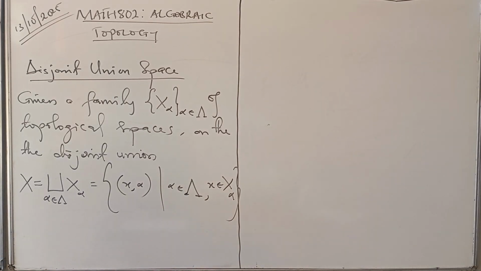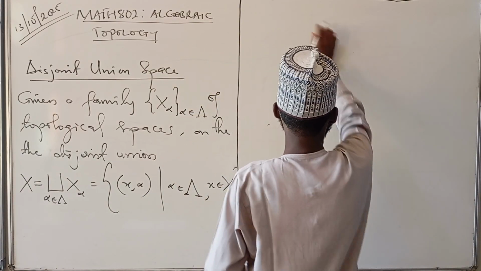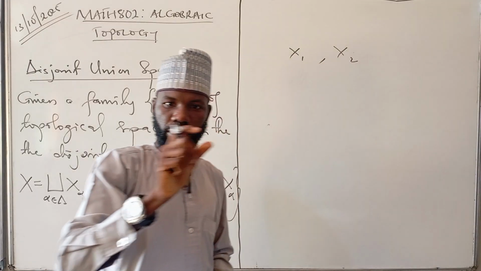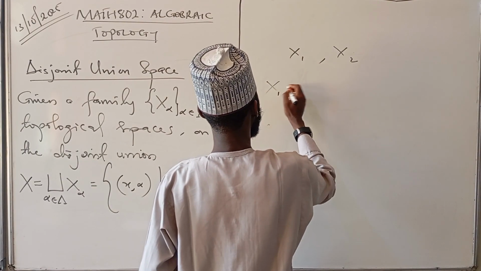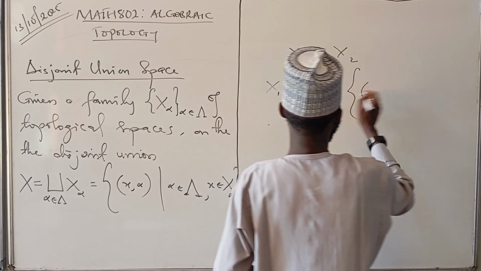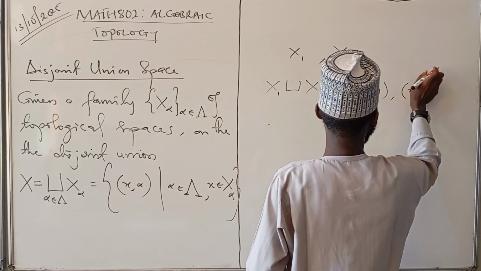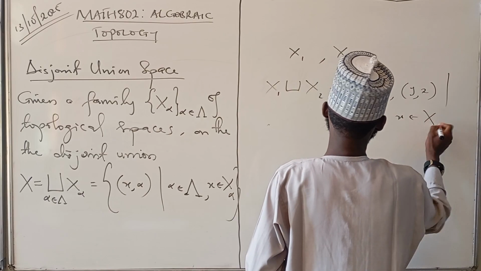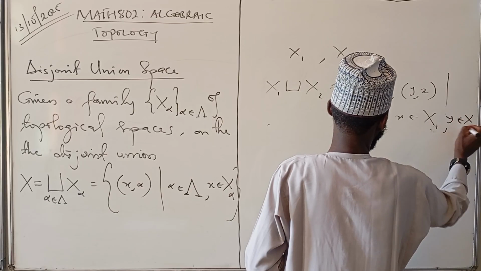Like you have a family of sets, say X1 consisting of some elements, and then you also have X2. If your family consists of only two sets, then you can form the disjoint union of X1 and X2 to be the set of all ordered pairs (x, 1) or (y, 2), such that x is in X1 and y is in X2.